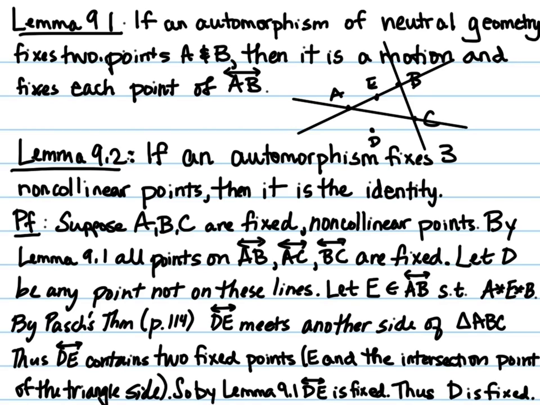Make sense? So if we actually fix three non-collinear points, we have an identity that fixes everything. It's actually not moving anything around at all.